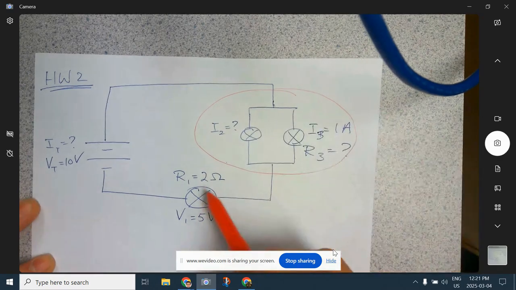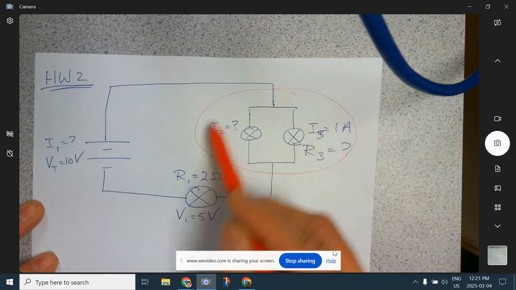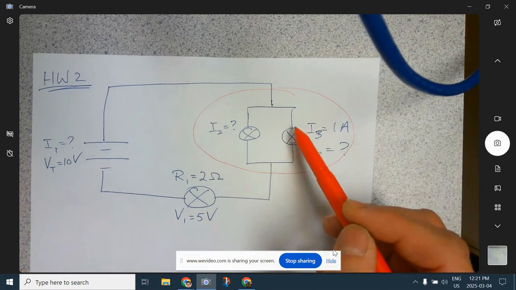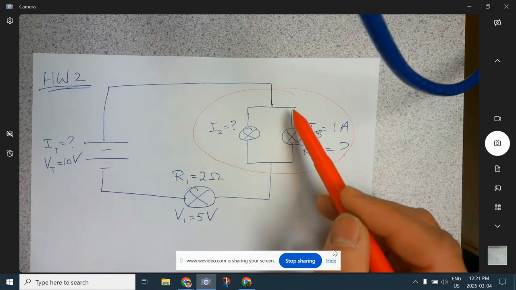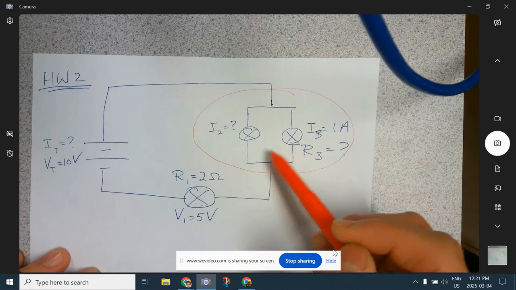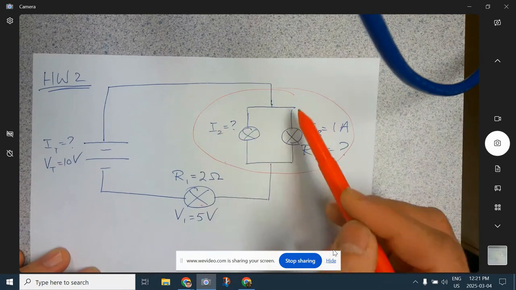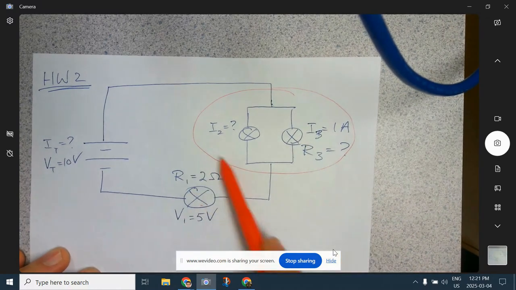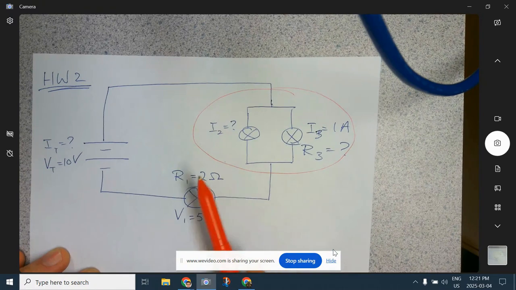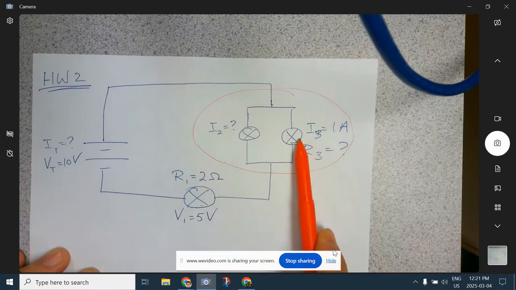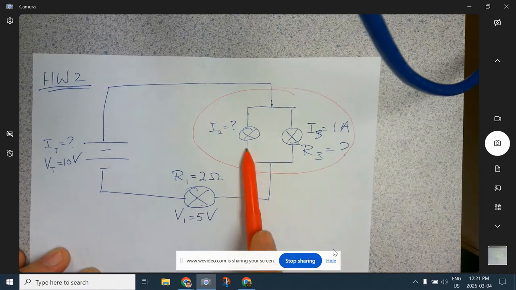But if you look at light bulb 1 and this whole thing, if we treat it as its own one thing, as if it is one weird light bulb, this will be in series with each other. So in some ways you have light bulb 1 that is in series with this weird thing here, which is made up of a parallel circuit of light bulb 2 and light bulb 3.